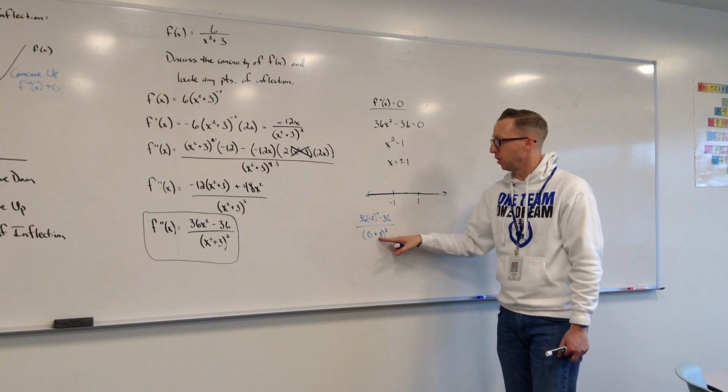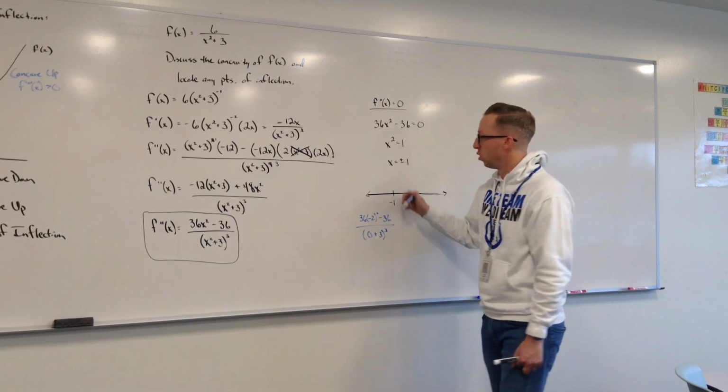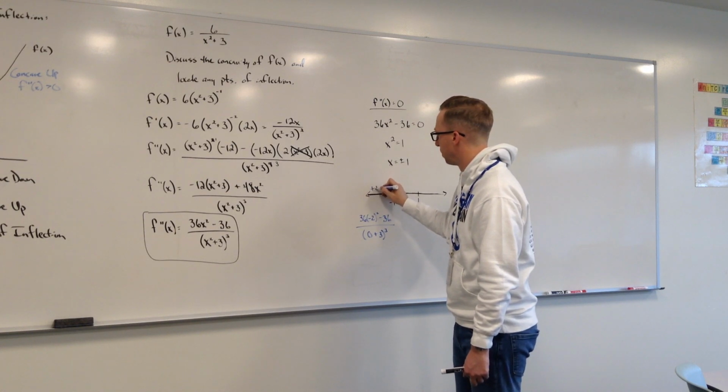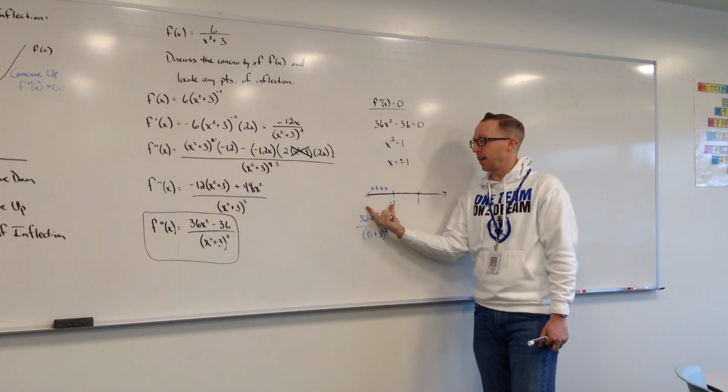Negative 2 squared plus 3 to the third should also be positive. And any positive divided by a positive will be positive. My function should be concave up for when x is less than negative 1.